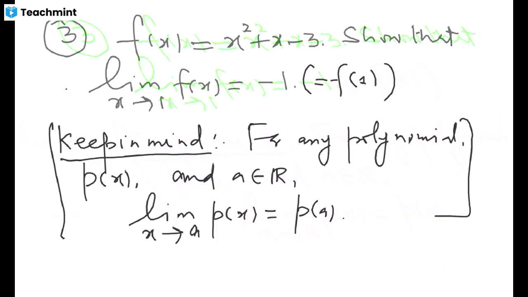So let us work on this. Our approach here is to use only the epsilon and delta definition to compute the limit. We begin with some positive number epsilon, and we have been told to establish that the limit of this polynomial at 1 is -1.